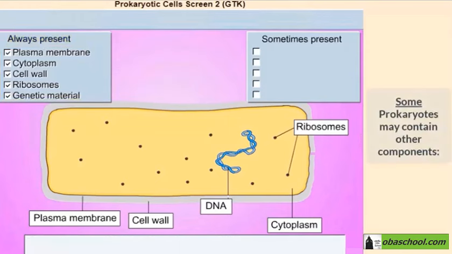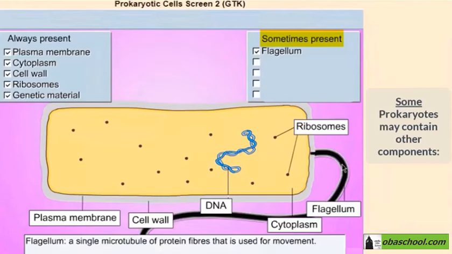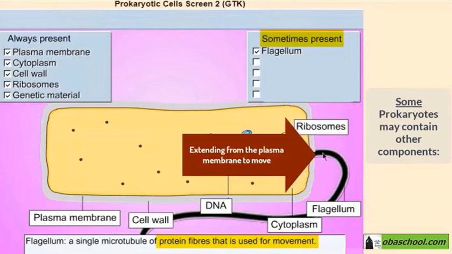However, some prokaryotes may contain other components. These components may be a flagellum, which is a protein fiber used for cell movement. So some prokaryotics have this flagellum, tail-like shape, coming out from the plasma membrane in order to allow the cell movement.